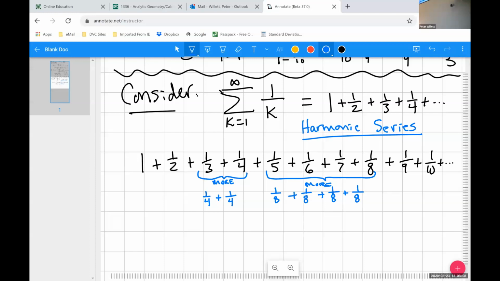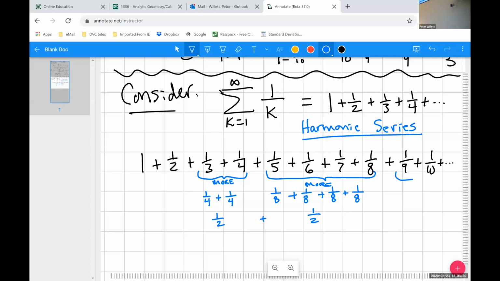So 1/4 plus 1/4 is 2/4, which is 1/2. And 4 1/8 added together is 4/8, which is also 1/2.